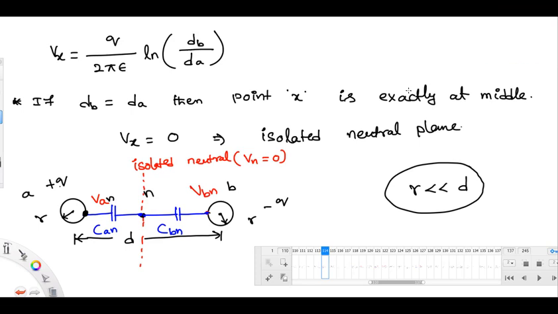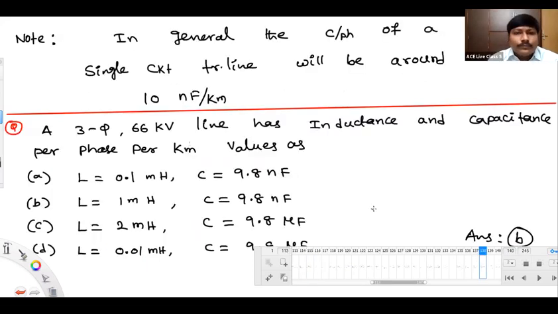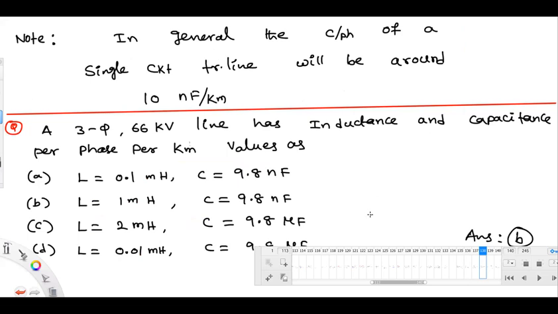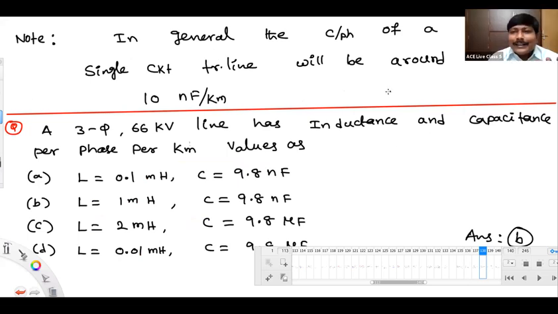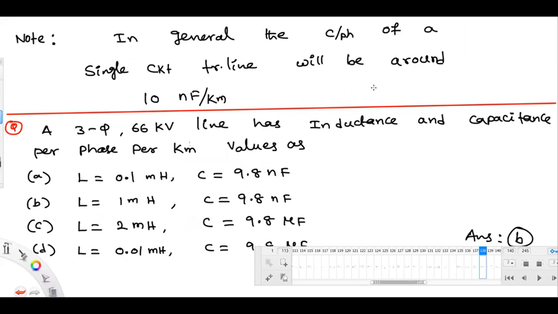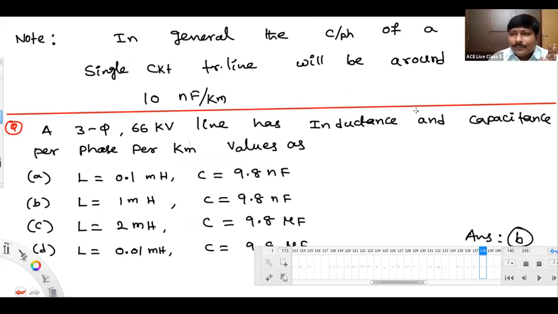Pratyusha, tell me. In slide number 138, once explain that problem, sir. I explained already. Capacitance, are you clear? Inductance, have you attended previous classes?